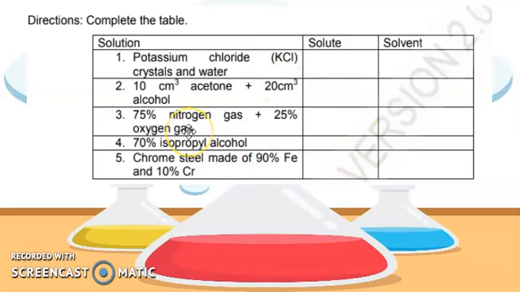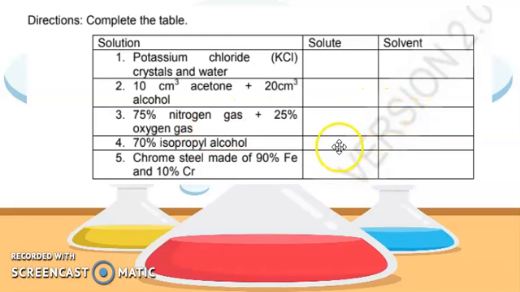Number 3, it will be your task or your turn. I give you 1 minute. Oh, you did answer it in less than 1 minute. Okay, so number 3, the solute is the oxygen gas and the solvent is the nitrogen gas.